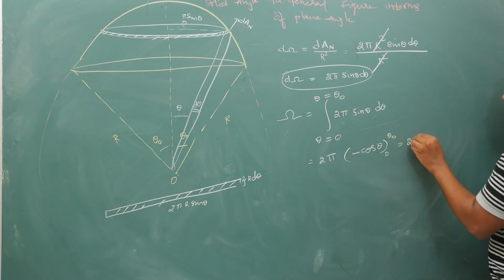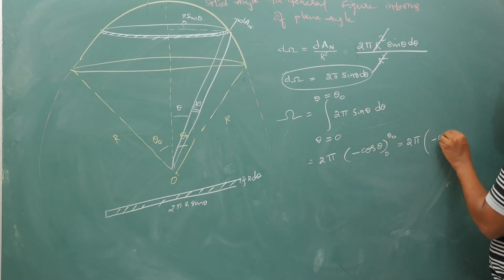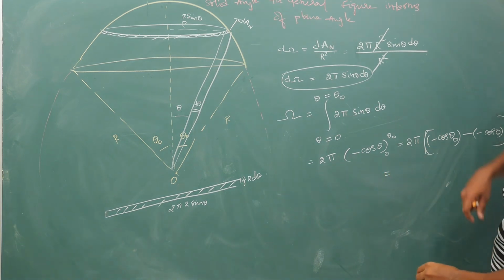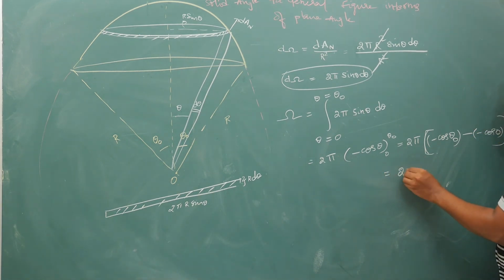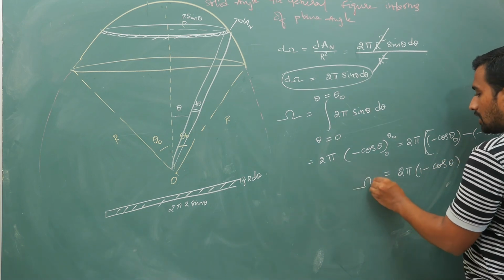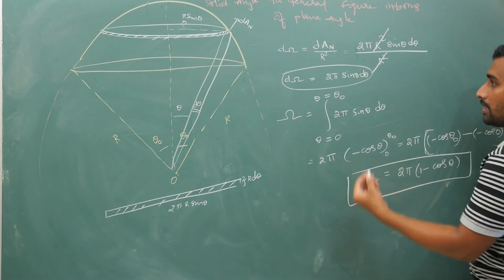That will give you 2 pi times minus cos theta naught minus cos 0. Cos 0 is 1. So you will get 2 pi times 1 minus cos theta naught as your solid angle.